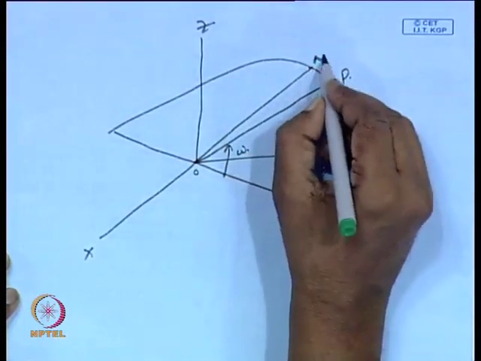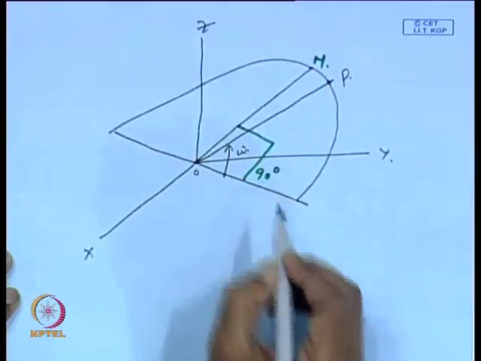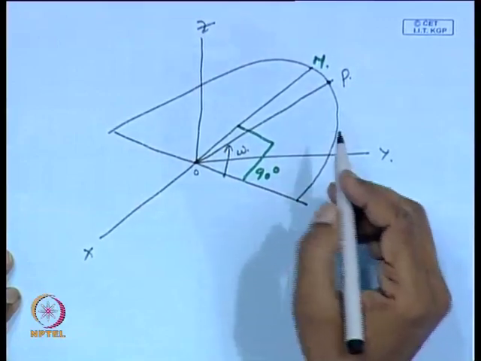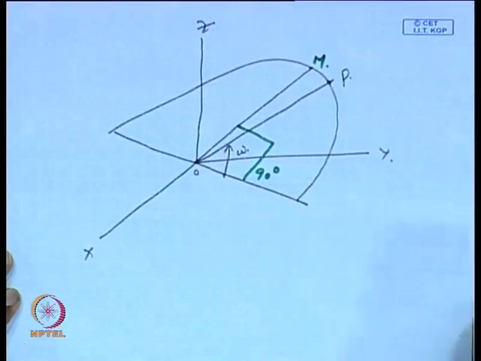We take a line here, M, whose angle is 90 degrees.